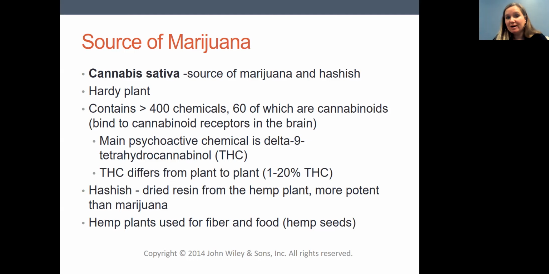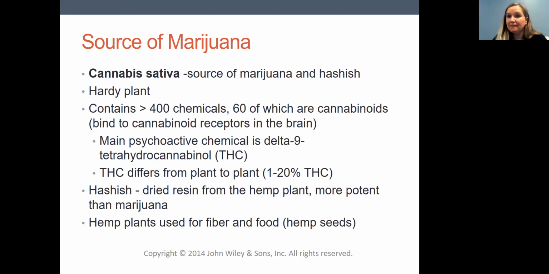The main psychoactive ingredient is THC, or delta-9 tetrahydrocannabinol, and that's the psychoactive chemical in the plant product that people are using for the illicit use of the effects to get the changes that they want to experience. There are other things in the plant that may be useful for different medical conditions, and we'll talk about that in a moment.